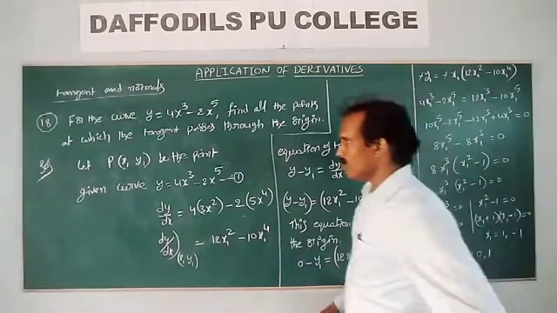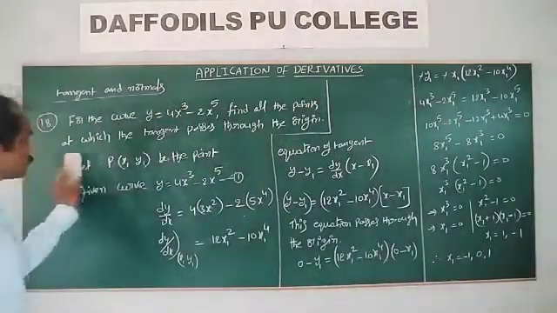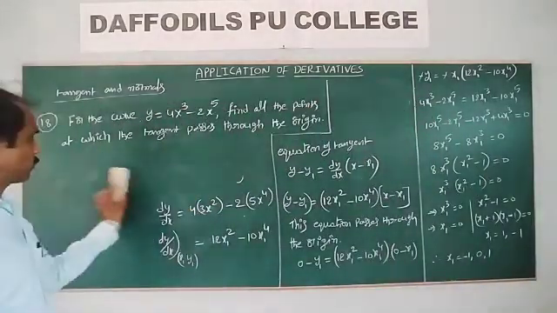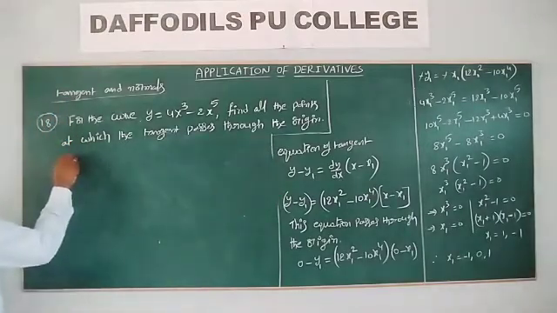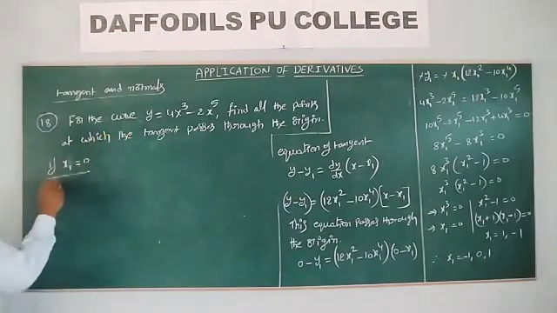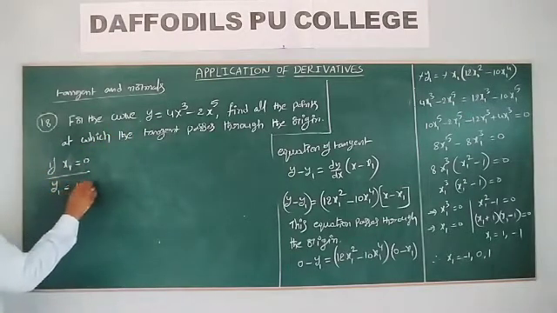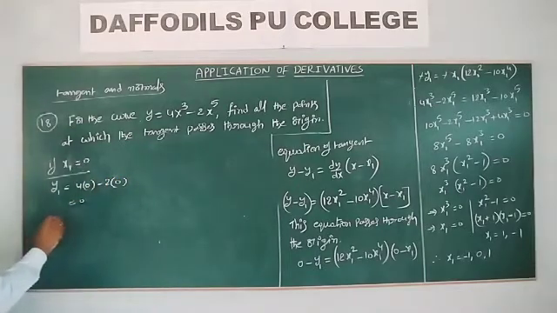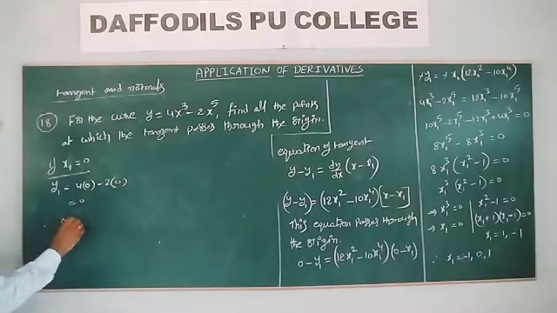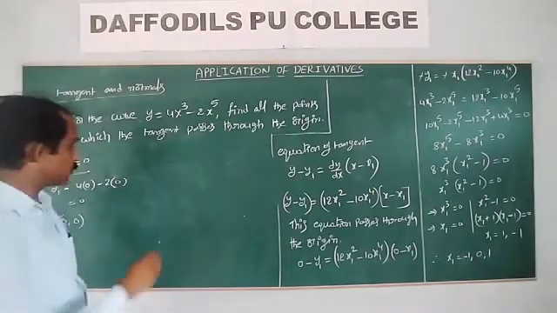We want the points, so we substitute these x1 values, minus 1, 0, 1. We want y values also. If x1 is equal to 0, what is y1? y1 is equal to 4 of 0 minus 2 of 0 is equal to 0. Therefore, one point is (0, 0).